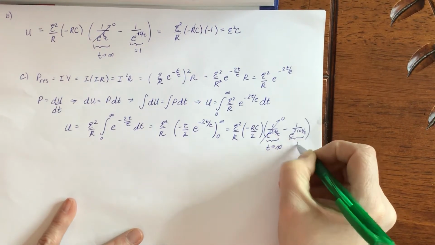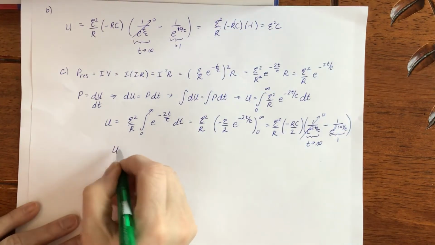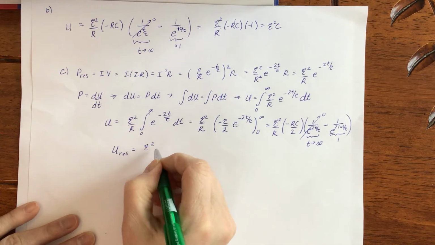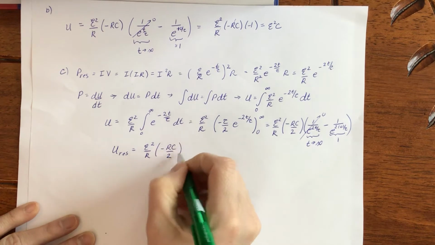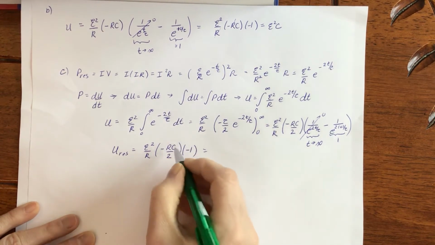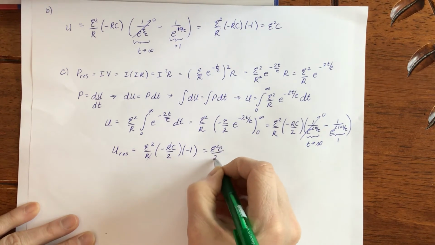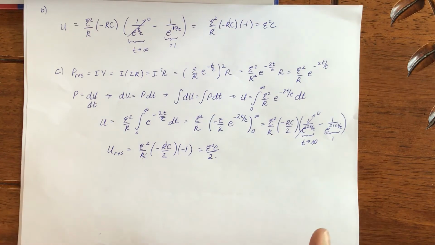This guy is just 1. And that gives us that the energy dissipated by the resistor is epsilon squared over R times minus RC over 2 times minus 1. That R cancels, and we have epsilon squared times C over 2. So there's the total energy dissipated in the resistor as the capacitor gets charged up.